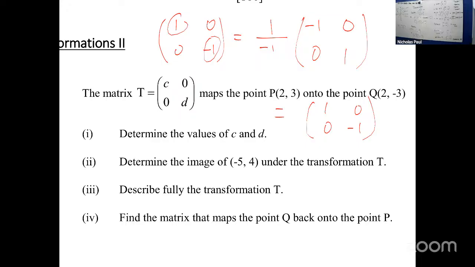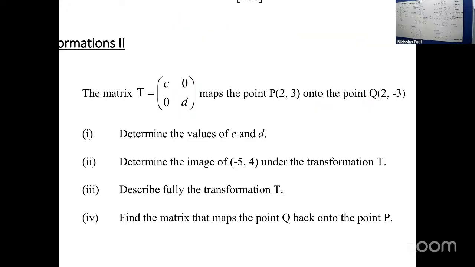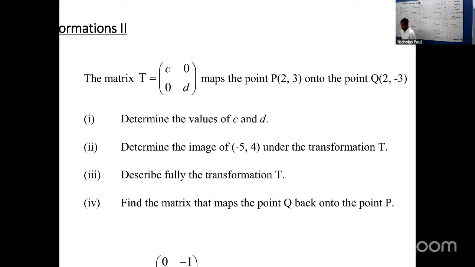Remember, 0 is 0 no matter what, so it stays 0. You're okay with that? Anyway, you still have to learn it.